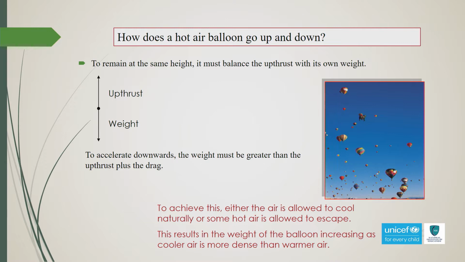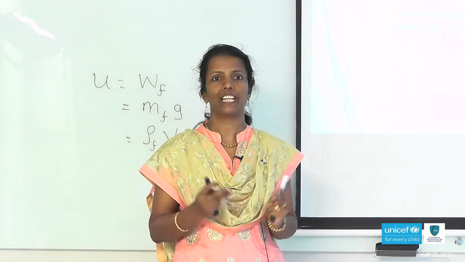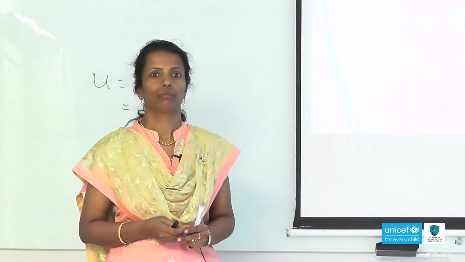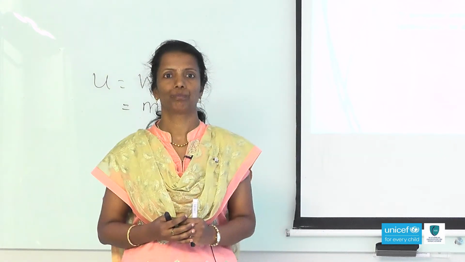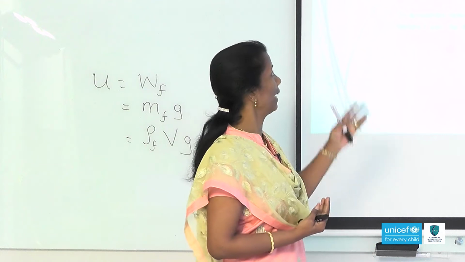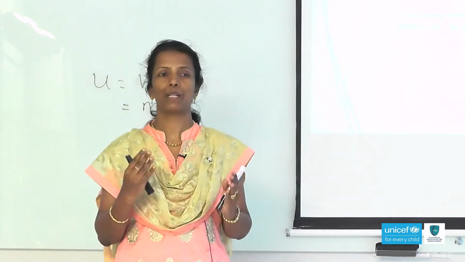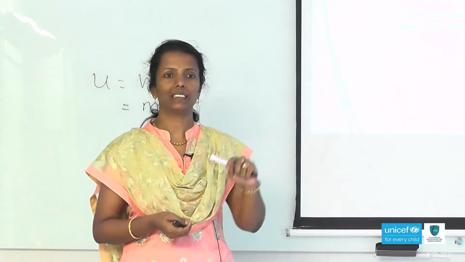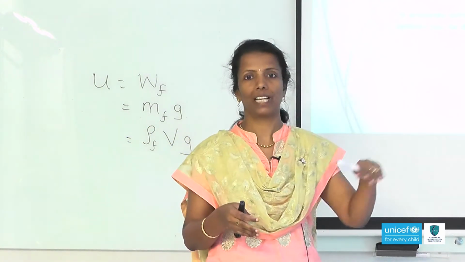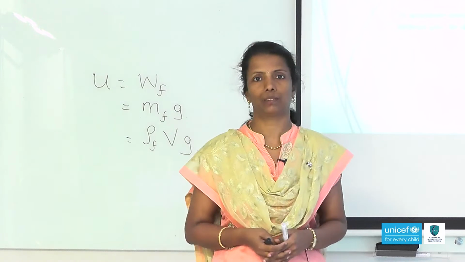If you look at the fluid forces, we have now learned three important forces: weight, upthrust and viscous drag. How do these forces act on the object to keep it balanced? When the object is just still or floats, we can say weight is equal to upthrust.